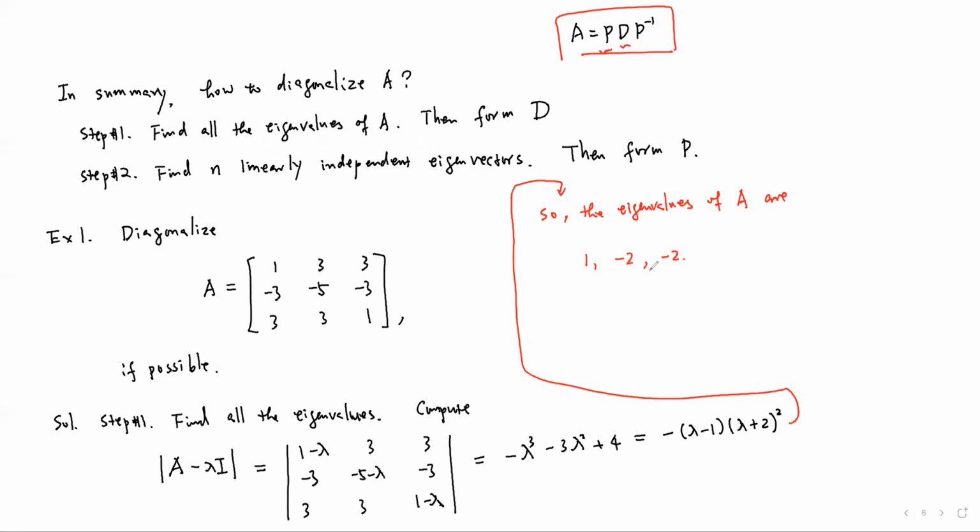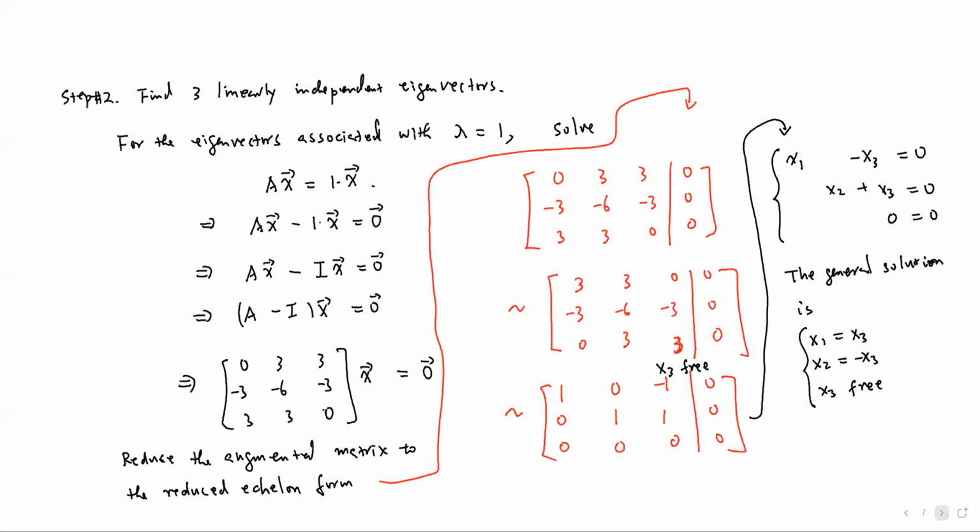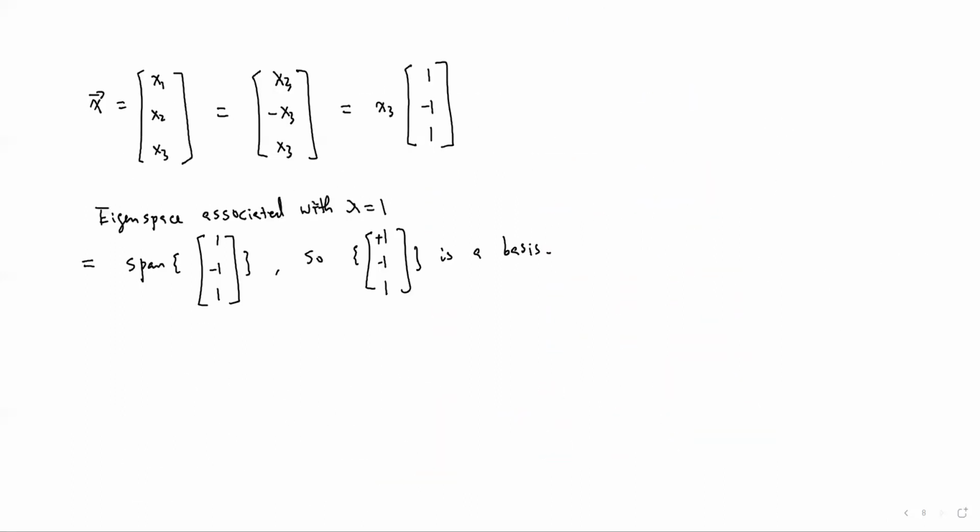Now let me find eigenvectors corresponding to eigenvalue negative 2. How to find eigenvectors corresponding to negative 2?